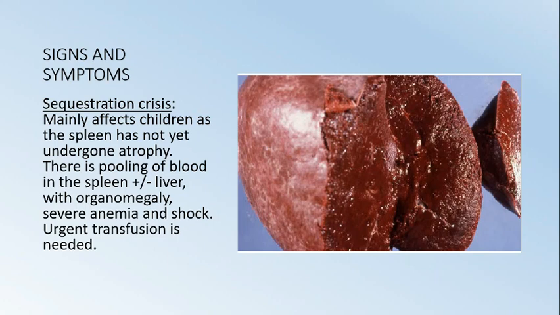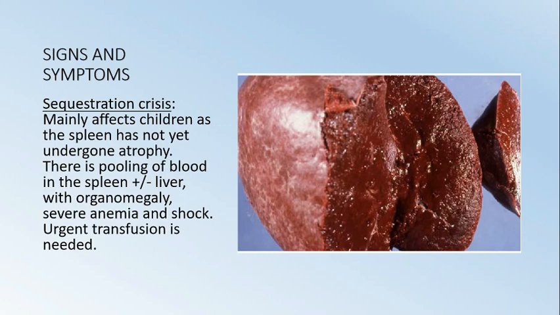Splenic function is frequently lost within the first 18 to 36 months of life, and this causes susceptibility to infection. A very common infection you see here is pneumococci.